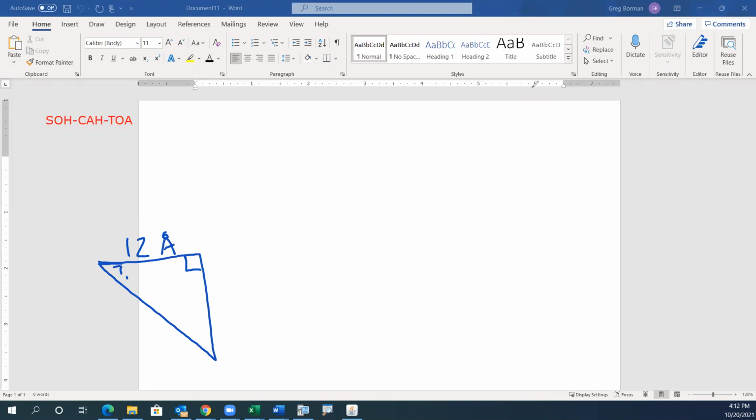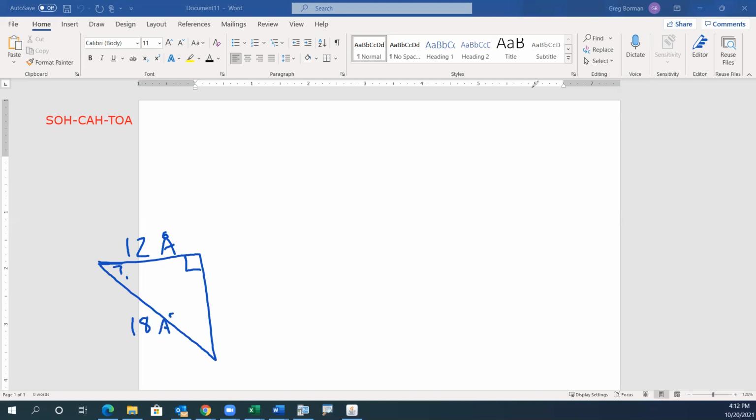That's a really small unit of measure, frequently used for really small things like the length of a light wave. And let's say 10 angstroms here. Oh, but wait, the hypotenuse has to be longer. So we'll say 18 angstroms.